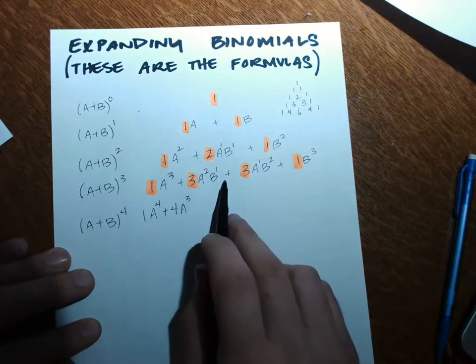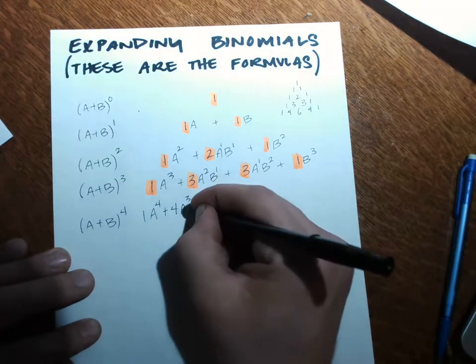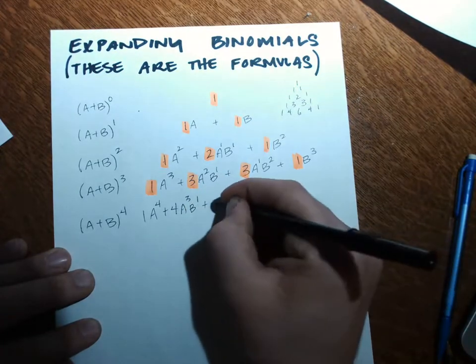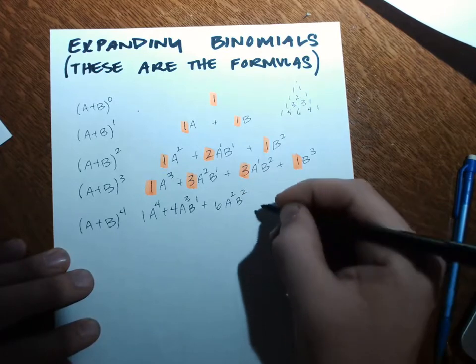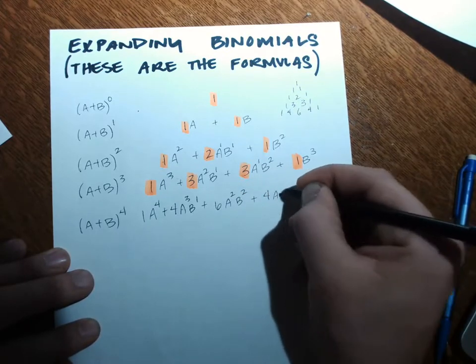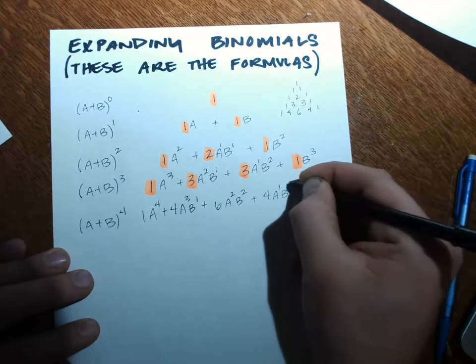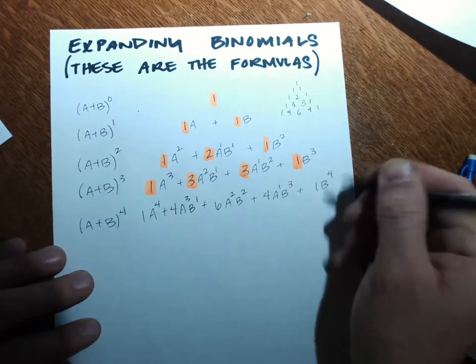And the b's are counting up from 0. So there weren't any b's in this term. The next term, it will be b to the 1st. And then 6 a's counting down while b counts up in exponent. And 4 a's counting down while b counts up. And then we end with 1b to the 4th.